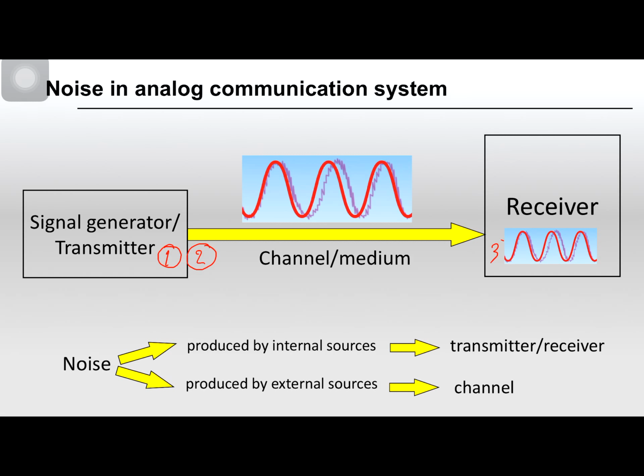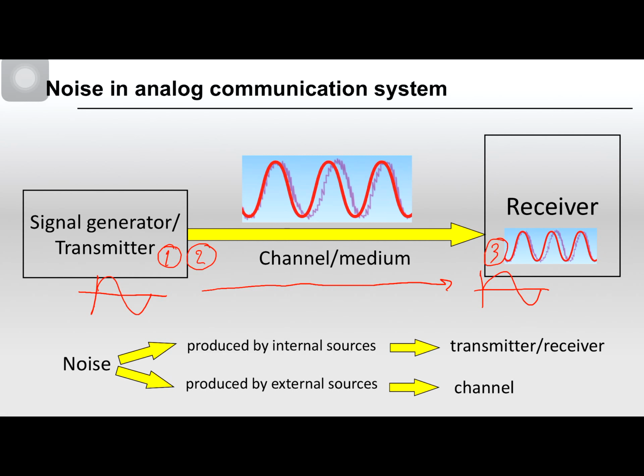And the third part is the receiver, which is used to receive the signal from the medium. Basically, we generate the signal here and send it through the medium or channel, and then we will get the signal at the receiver here.